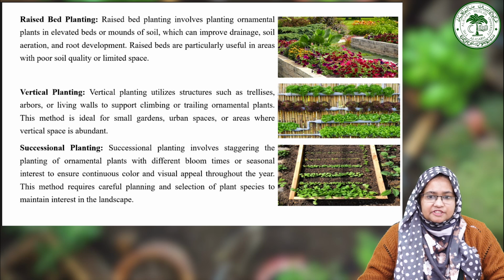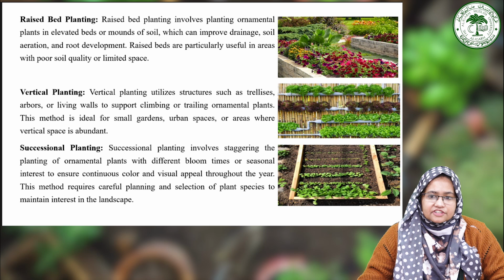Vertical planting maximizes growing space and adds visual interest to walls, fences or structures, allowing for the cultivation of ornamental plants in unconventional spaces. As we can see, this is vertical farming on the fences of the gardens.